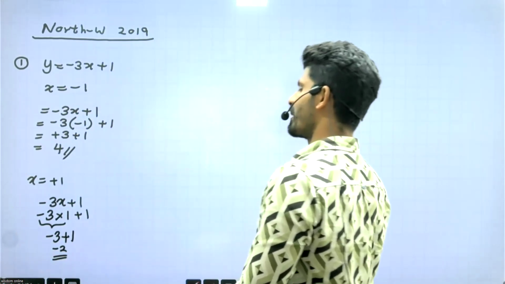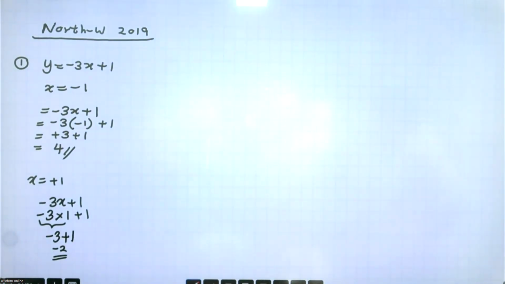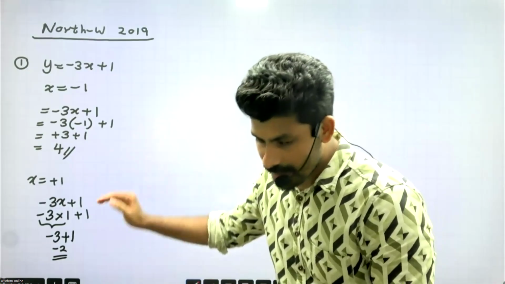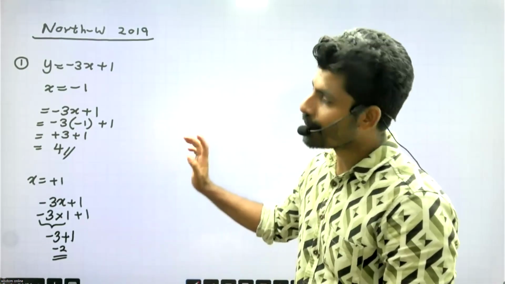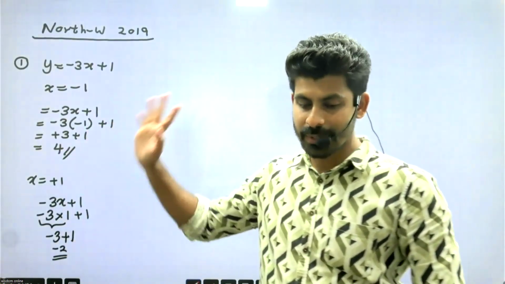What is the answer? Minus 2. Now you can draw the points 4 and minus 2 neatly. Quickly do this one.